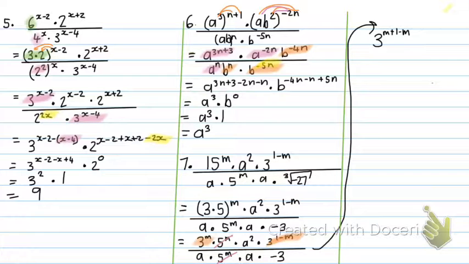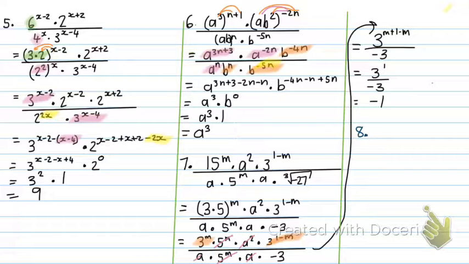Then I have a squared on top and a times a at the bottom, so those can cancel out. I'm only left with negative 3 on the bottom. So, now I add those exponents. 3 to the power m minus m is 0, so it's going to be 3 to the power 1 over negative 3, and that gives me negative 1.